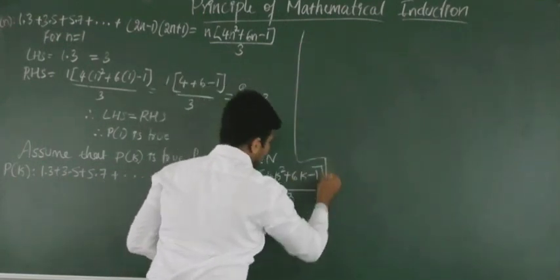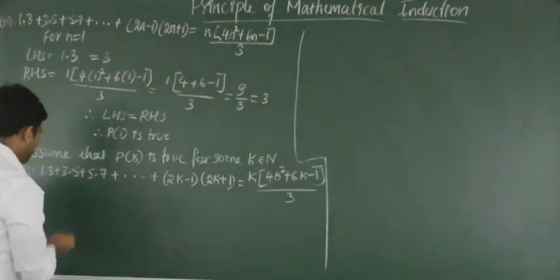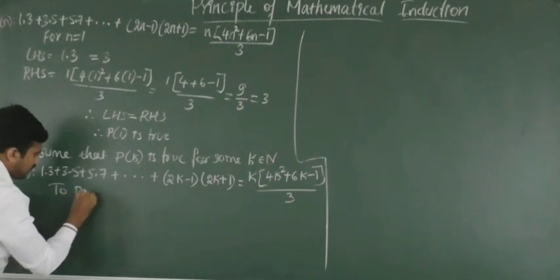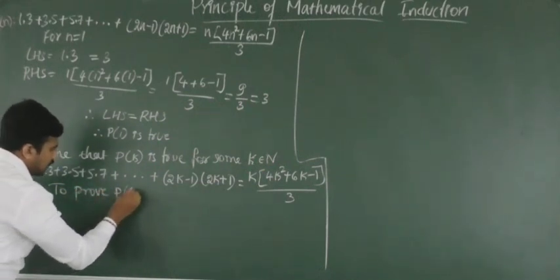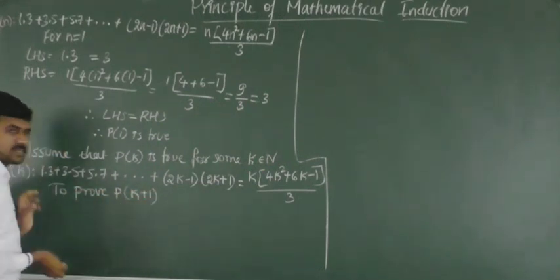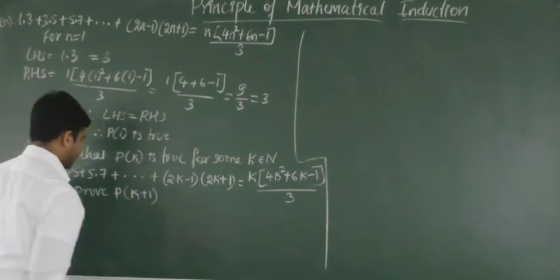Here we need P of k, so we replace n with k. Now we need to prove the result is true for the k plus 1th case, that is, P of k plus 1 is true.